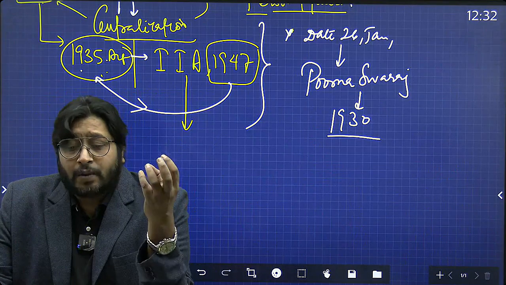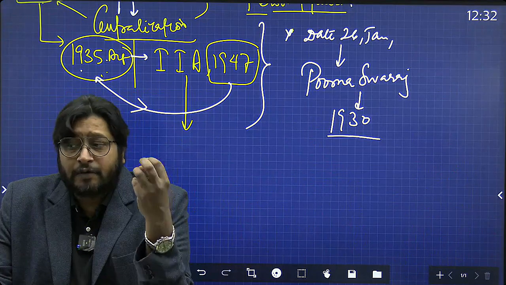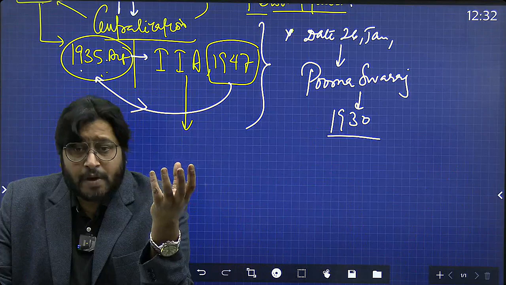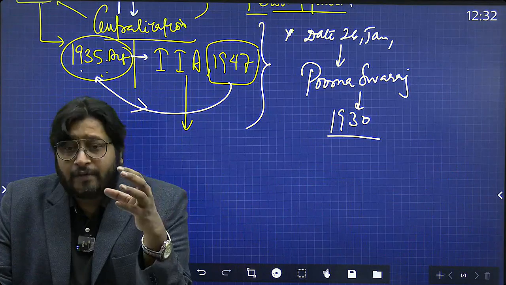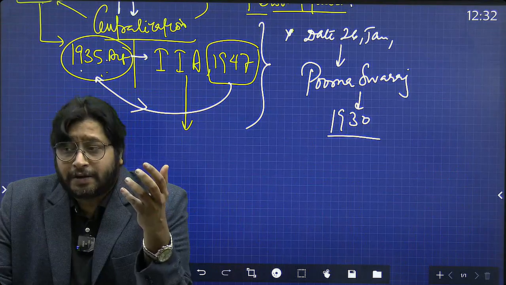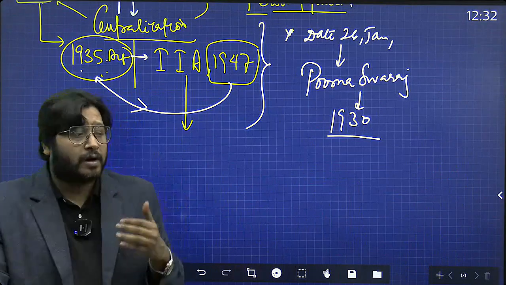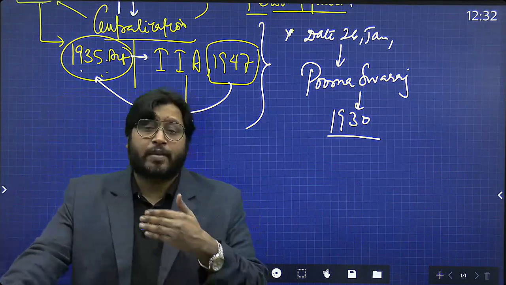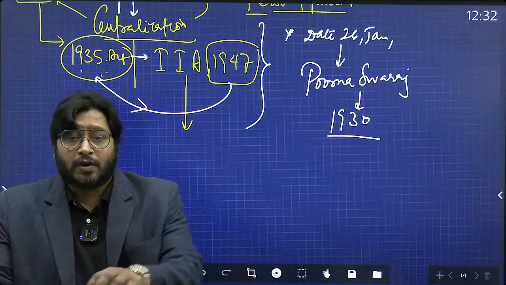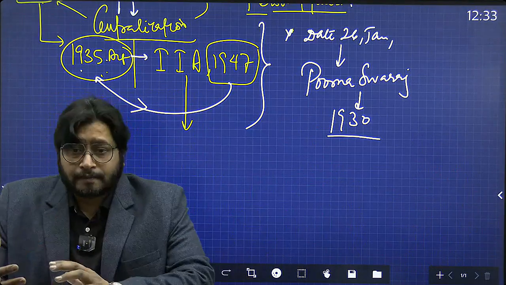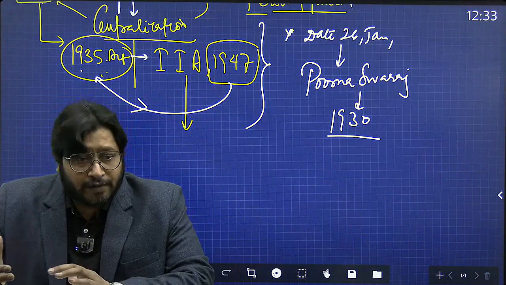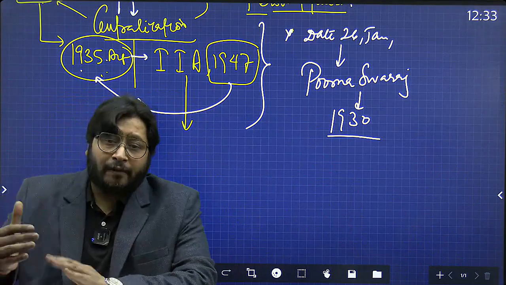And you can say that the Constituent Assembly itself was functioning in both ways, as a legislature as well as a Constituent Assembly. That is why when we say Article 368, right? Article 368 does not give unfettered powers to the Parliament. The reason was that when the Constituent Assembly was making the law, making the provisions, the Parliament of that time was functioning.